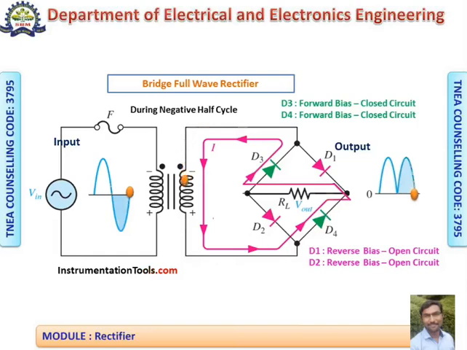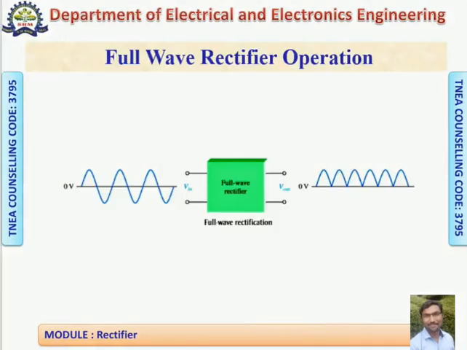Hence, the current flows from the secondary winding of the transformer through D4 to the load RL and from the load RL to the secondary winding through diode D3. Hence, the output voltage of a full wave rectifier will have both the positive half cycle and negative half cycle.